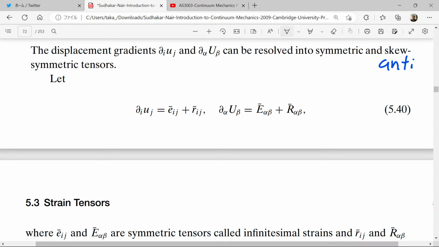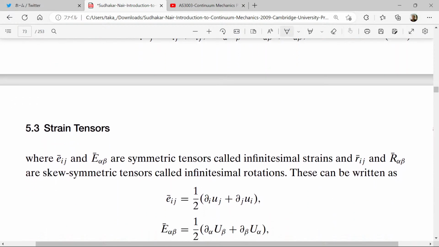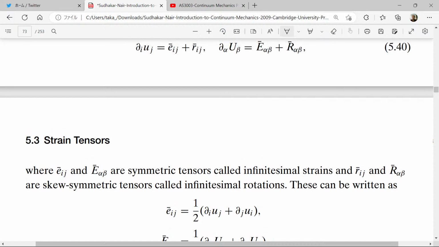So then, in the strain tensor, E bar ij and E bar alpha beta are symmetric tensors called infinitesimal strain. You can see this. This is infinitesimal strains.